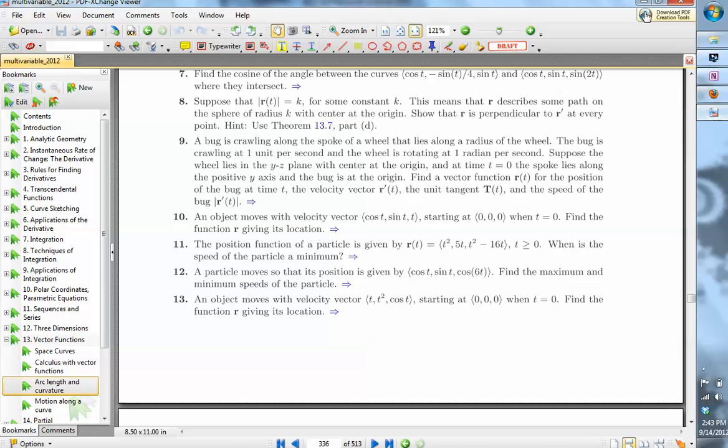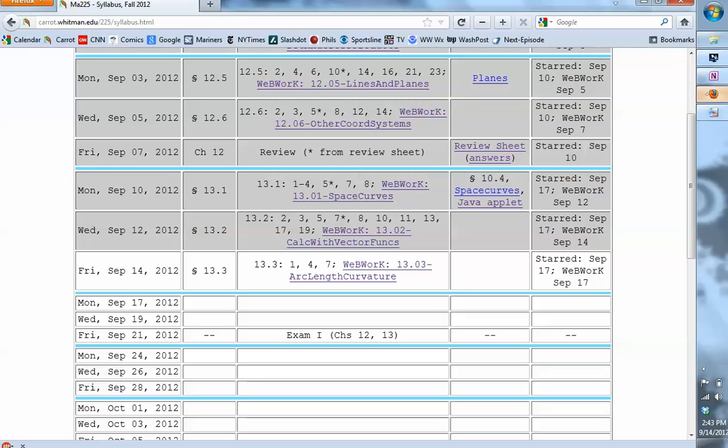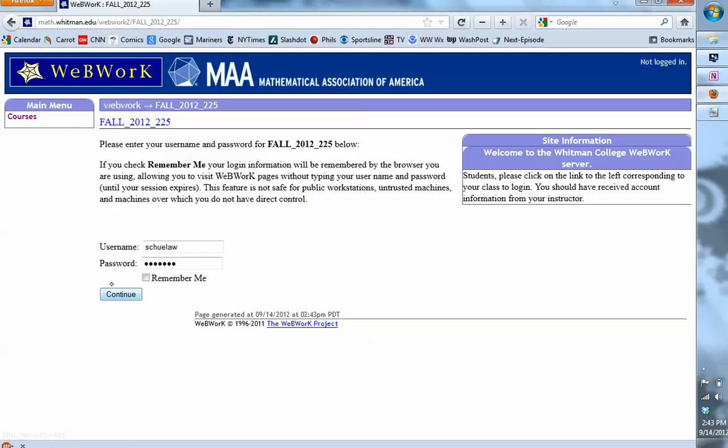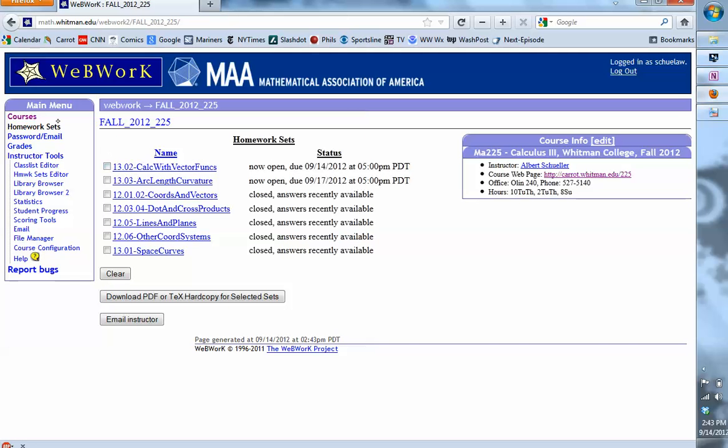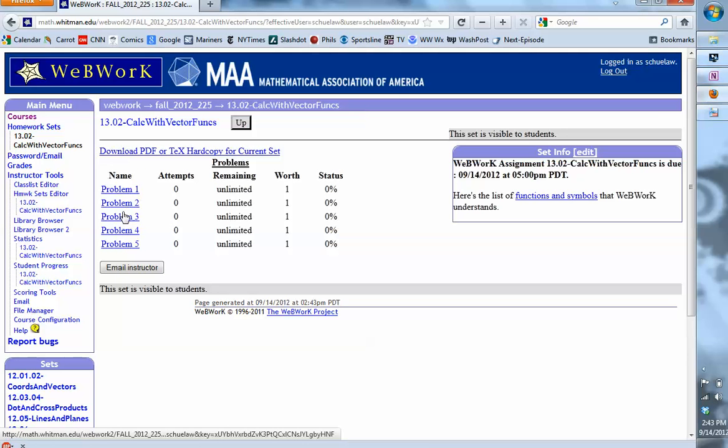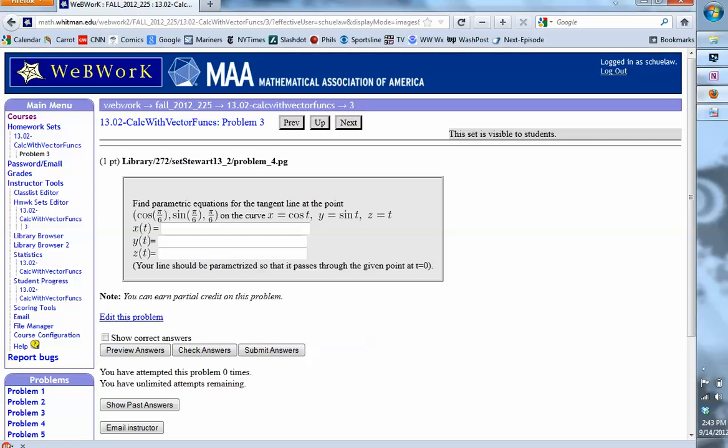Yes? Number 3 of the workbook. Good. Find the parametric equations for the tangent line at the point.